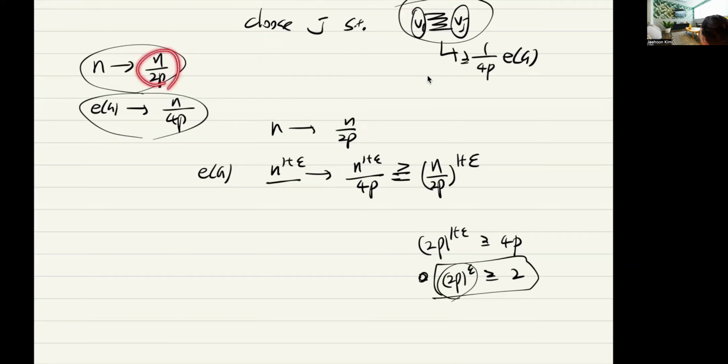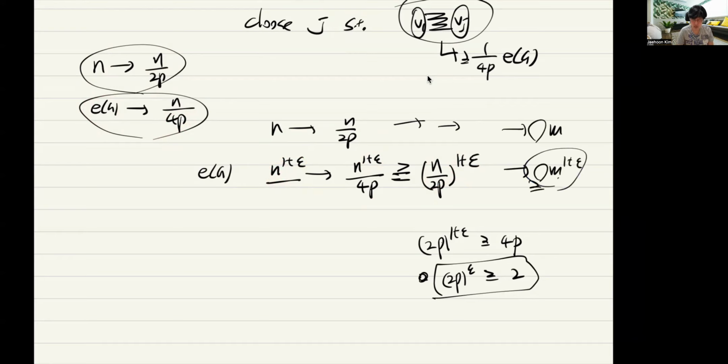So even if you see it, this decreased by the 2p ratio, and this decreased by the 4p ratio, and the 4p ratio seems faster. But in terms of this 1 plus epsilon, if you keep in mind the exponent, then inside they shrink proportionally. So you repeat this, and then you reach m, and it still has some appropriate constant times m to the 1 plus epsilon.